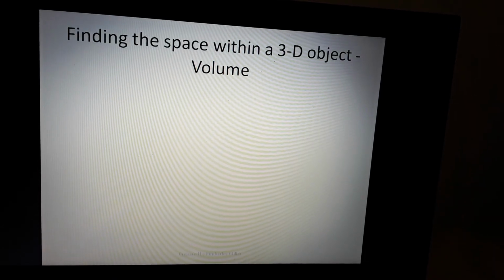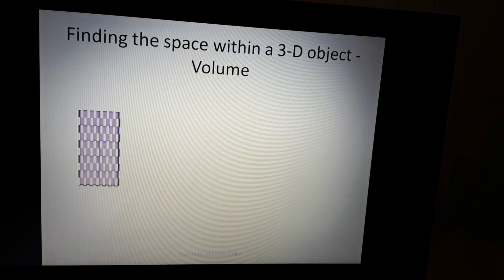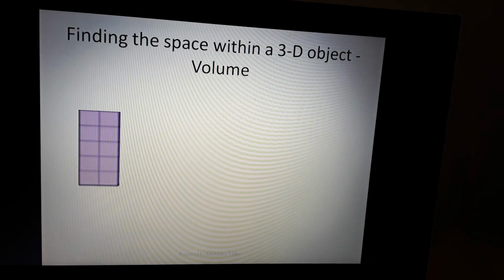Now finding the space within a three-dimensional object, or the volume. Now we have that same two-dimensional figure. We are going to convert this to a three-dimensional figure.